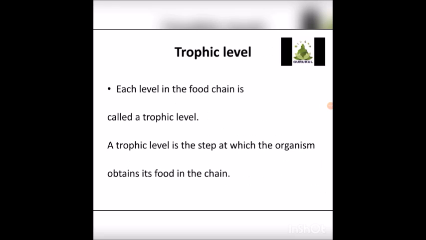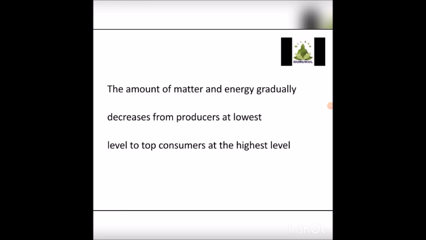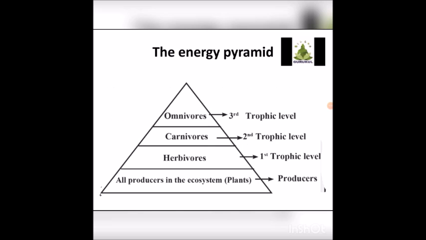These sections are known as trophic levels. The amount of matter and energy gradually decreases from the producers to the topmost consumer. So there is a loss of energy from one level to another as we go up the trophic levels.